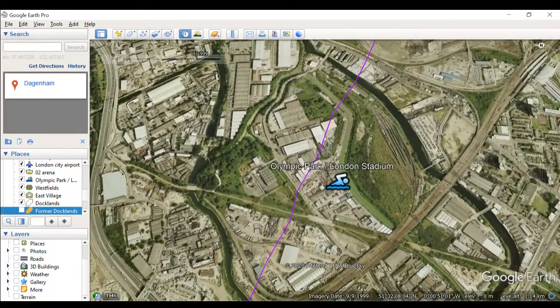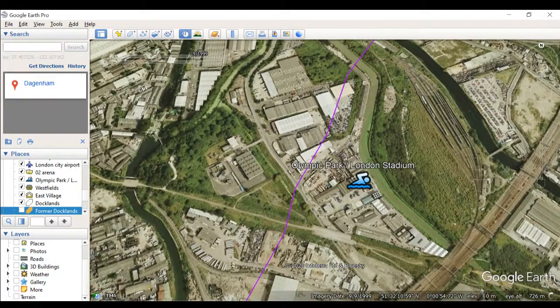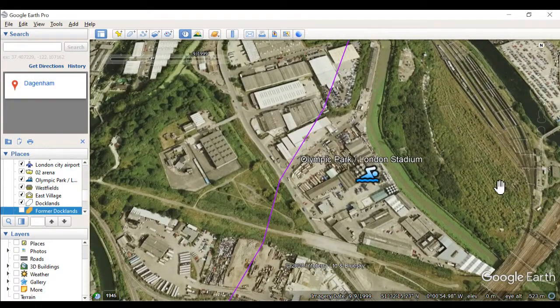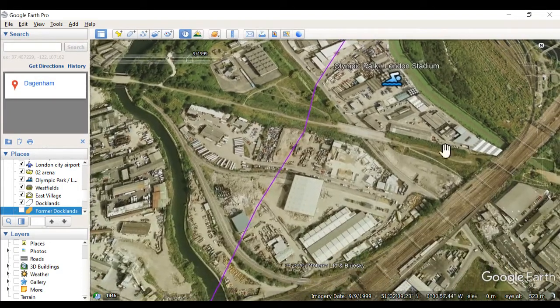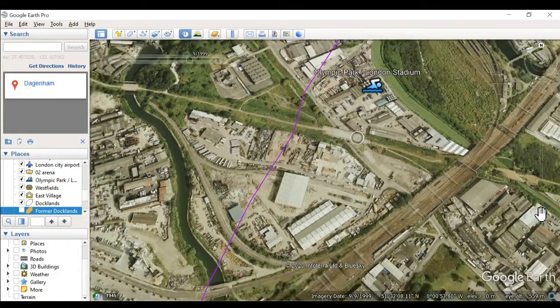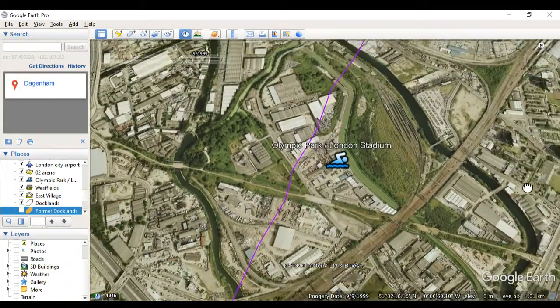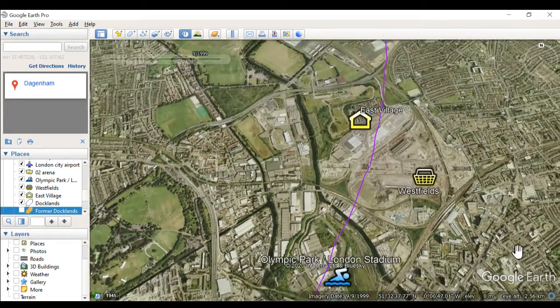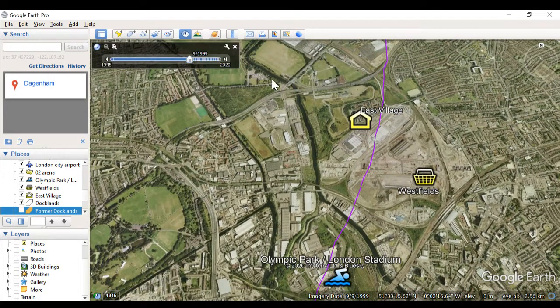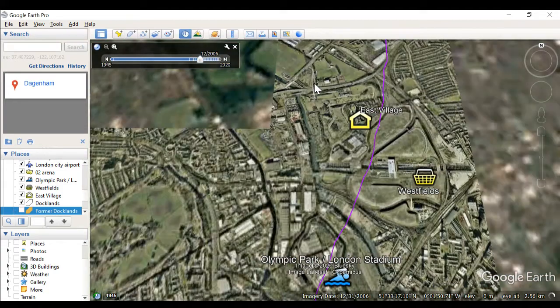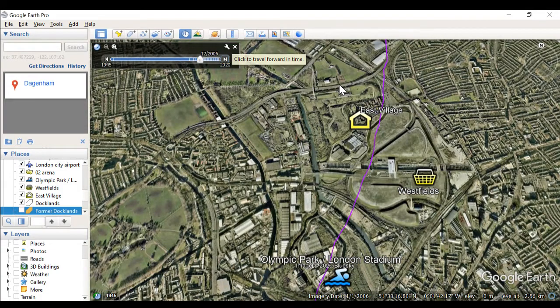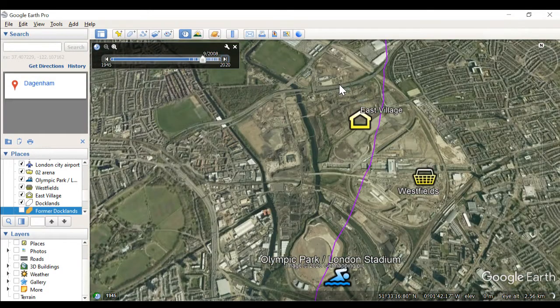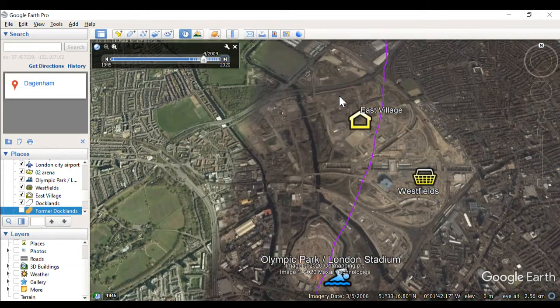We can see here the area Olympic Park is, again, full of these warehouses and factories. We can see lorry parks. So not a particularly attractive or high-functioning part of our city, even in 1999. As we come forward in time, we can see quite how that's changed with the Olympic Park coming in.